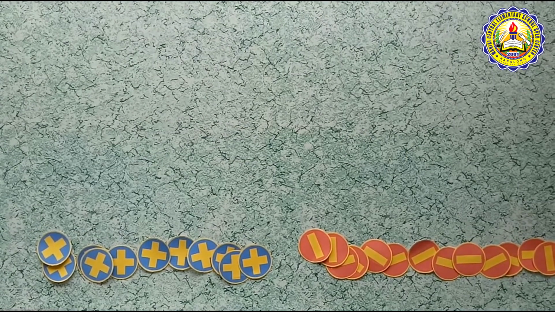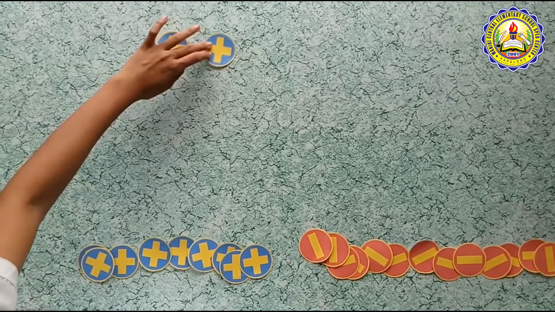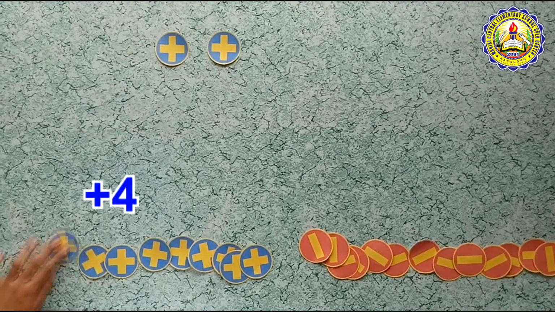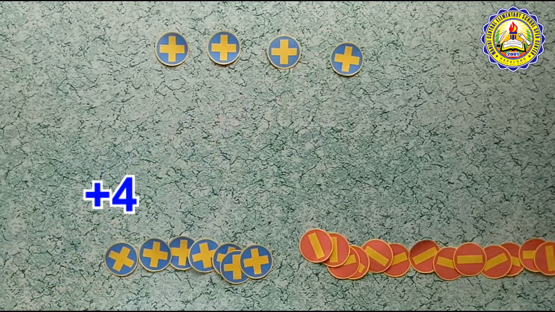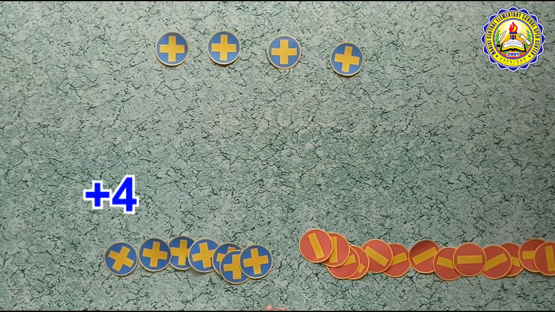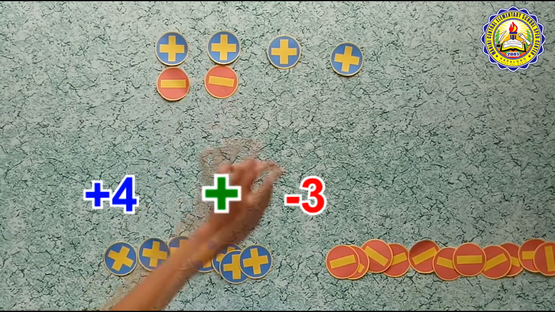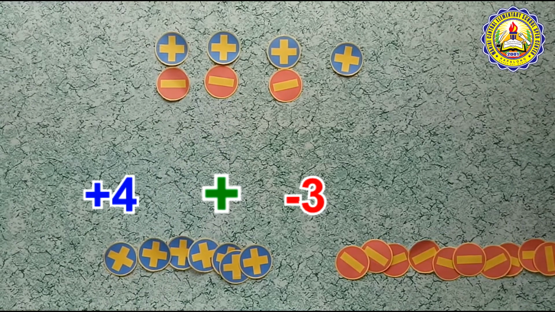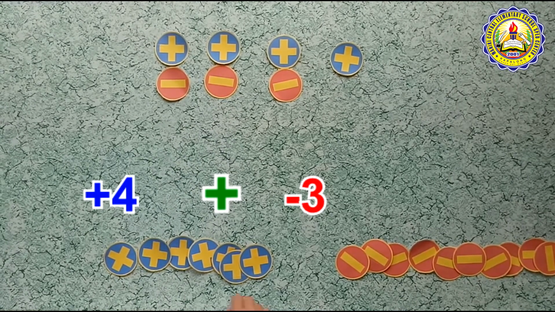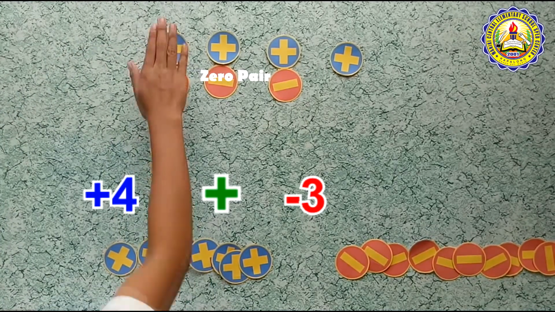How about adding a positive integer and a negative integer? Example, positive 4 plus negative 3. If we pair a positive and a negative chip, it becomes a 0 pair.